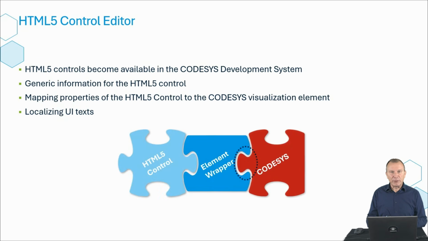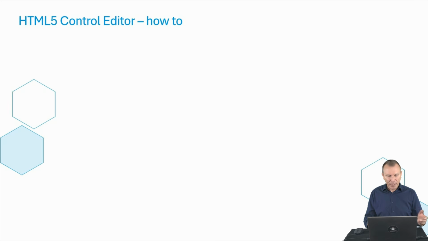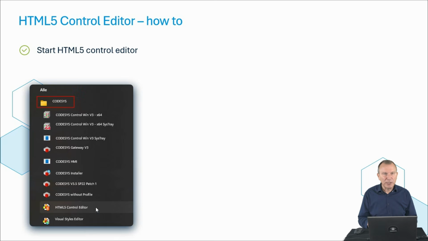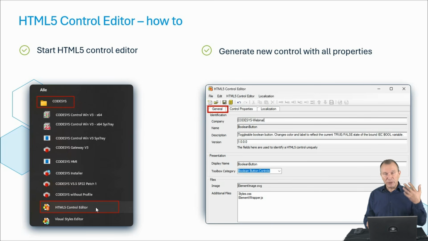So to take that picture once again, we are now focusing on that exact interface between wrapper and the CODESYS development system. Now, how does this look? We start this control editor from the directory where the CODESYS development system is installed. We open it and create a new XML file and then fill out all the properties that are listed there. So generic information such as company, the display name of that element, in which category it should be listed, which additional files are necessary.